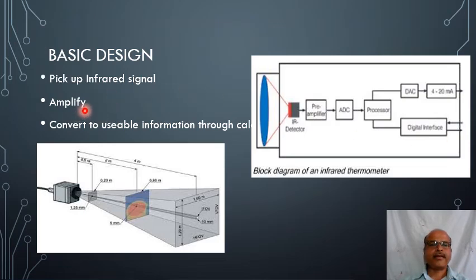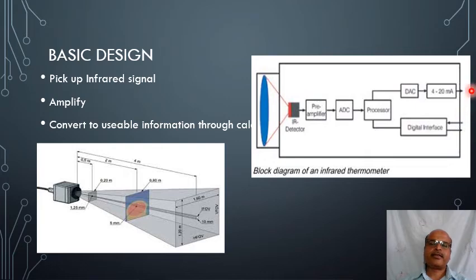So for the basic design, as in the previous block diagram, we can explain this additional block diagram. IR rays are transmitted, absorbed by a measured body, and again reflected by that body and detected by the IR detector. Next is a preamplifier block, analog to digital converter, and processor, that is, some signal conditioning or electronic circuitry is required, and some digital interface and digital to analog converters are also used.